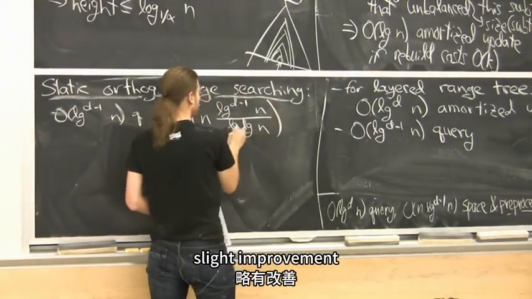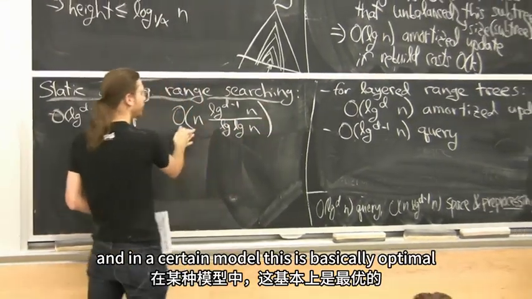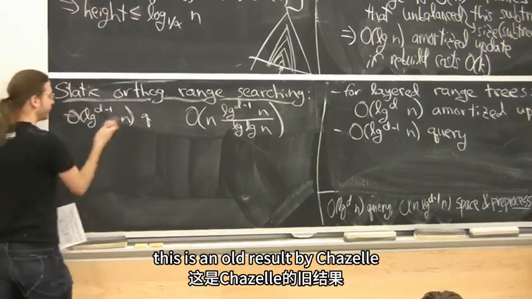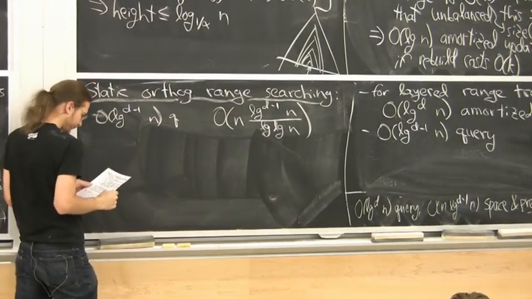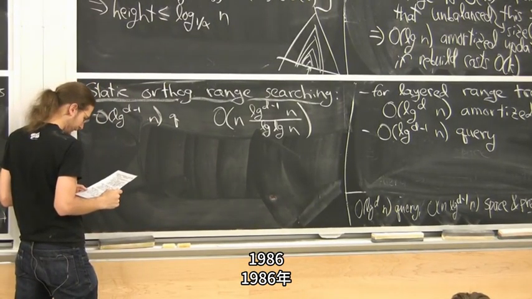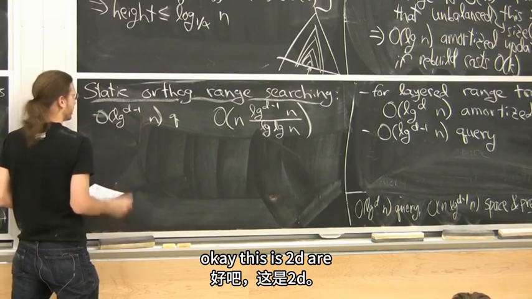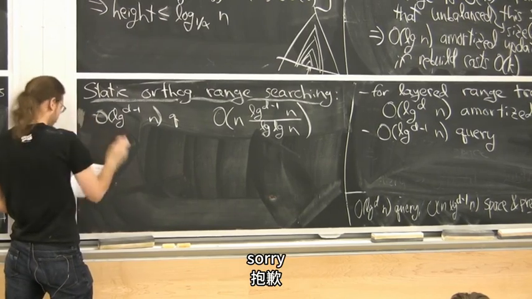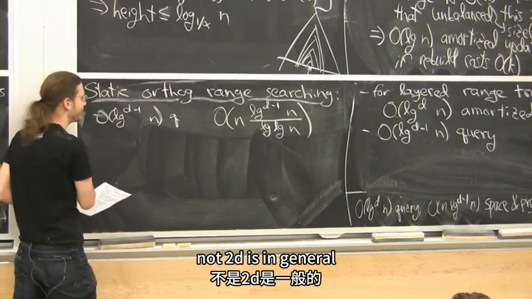Slight improvement. And in a certain model, this is basically optimal, which is kind of even crazier. This is an old result by Chazelle, 1986. It's in general, not just 2D.